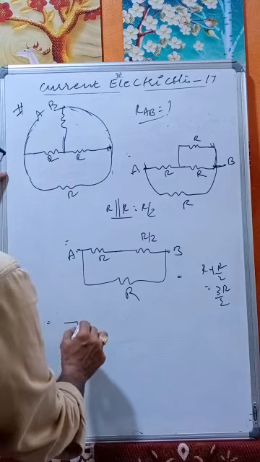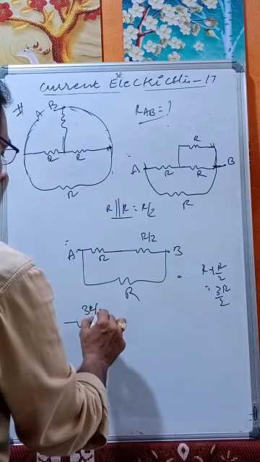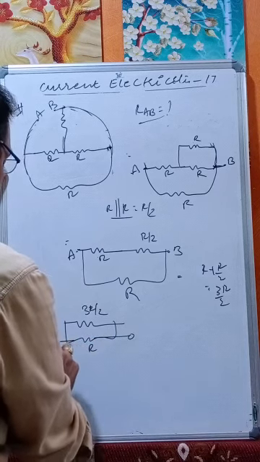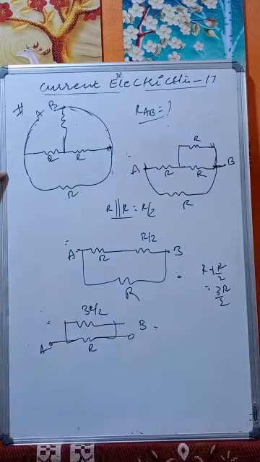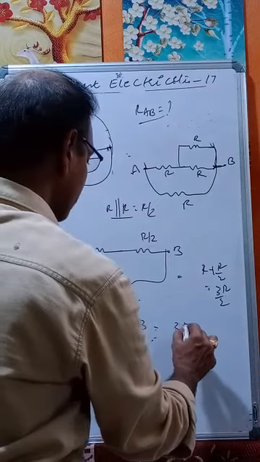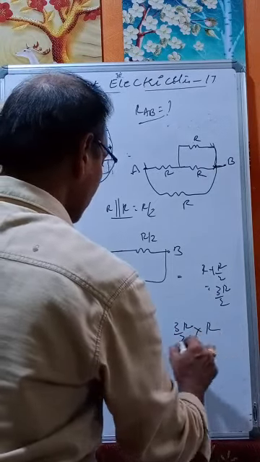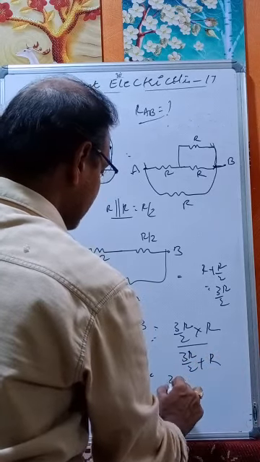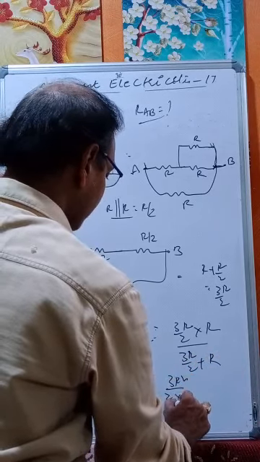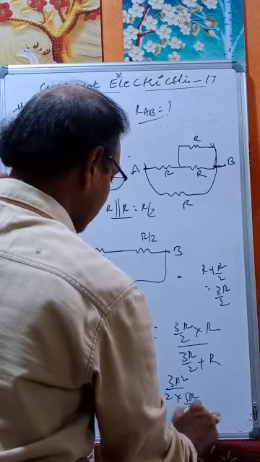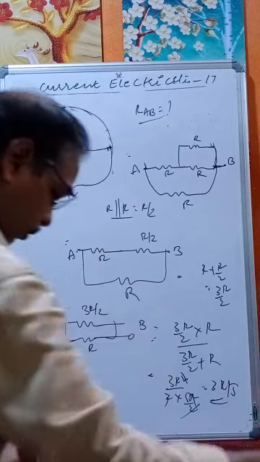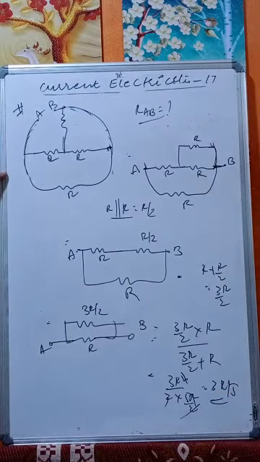Therefore, this becomes 3R by 2 in parallel with R, between A and B. This is equal to 3R by 2 into R by 3R by 2 plus R. That is 3R square by 2 into 5R by 2. The 2 gets cancelled, R gets cancelled. That is equal to 3R by 5. Answer is 3R by 5.